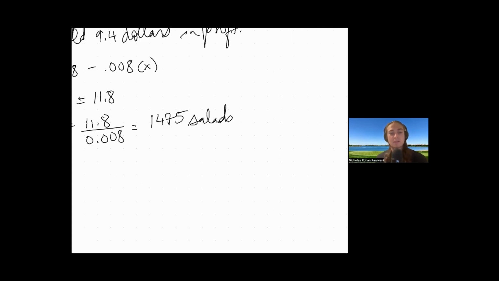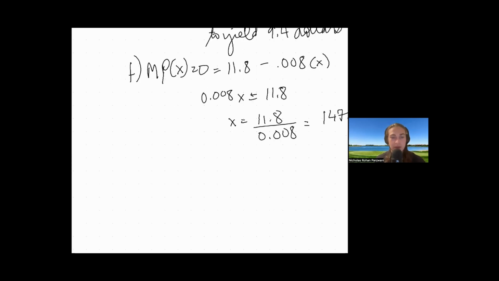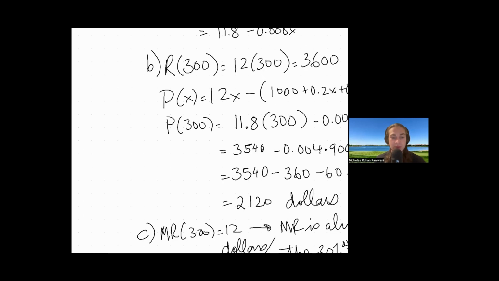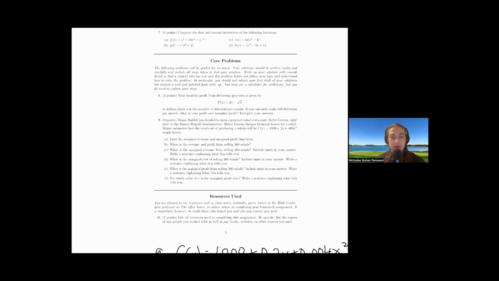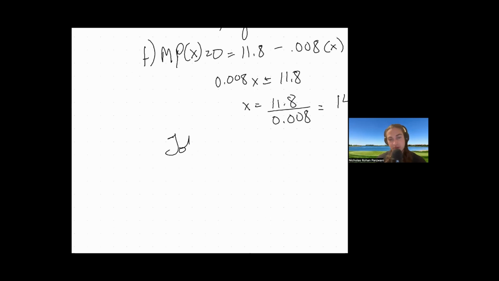Okay, what does this tell you? This means that marginal profit equals 0. Total profit is maximized.